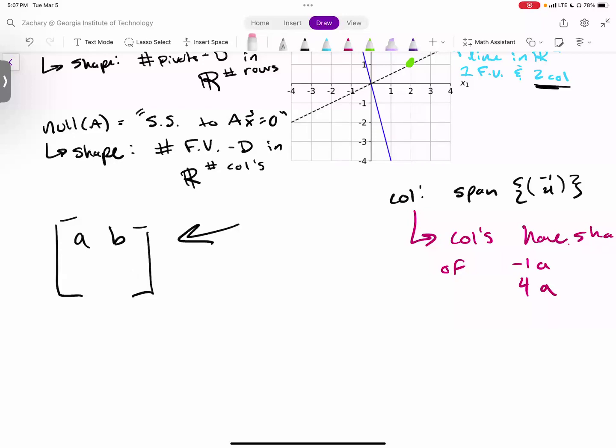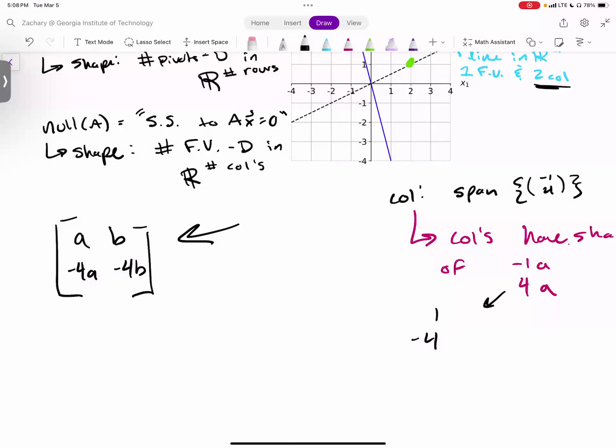Well, instead of writing A, B, C, D, and remember that this is the same thing as positive 1, negative 4, we can write this as A, negative 4A, and for B, negative 4B. Cool. So we just went from 4 things we don't know to 2, which is a nice step up.